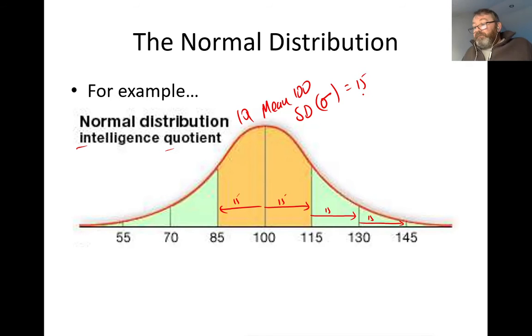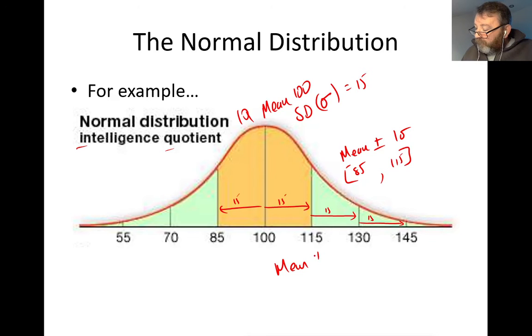If I take the mean plus or minus 1 standard deviation, that gives me a range. The mean is 100, plus or minus 1 standard deviation, that goes between 85 and 115. What about the mean plus or minus 2 standard deviations? That's going to give me 70 up to 130.